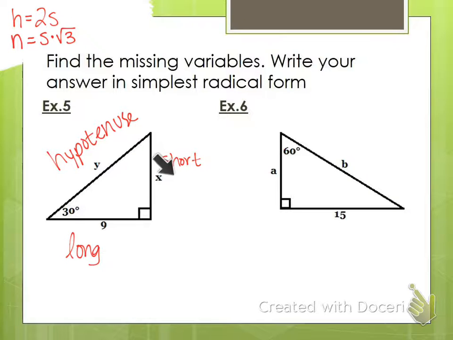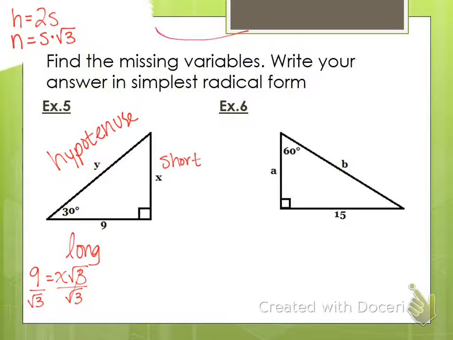So if we're trying to find the short side, do we want our top equation or our bottom equation? Bottom one. We know the long side, we're trying to find the short side. So they labeled the long side 9. They labeled the short side x. In order to get x alone, what am I going to need to do? Divide by root 3, which means we are going to have to rationalize.